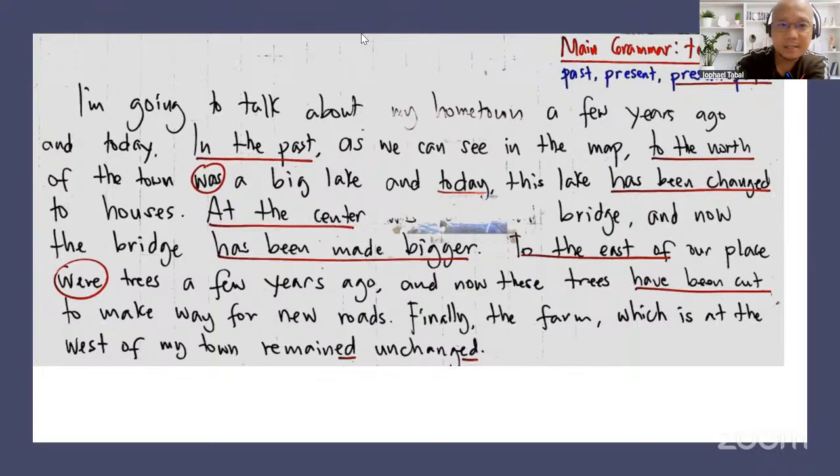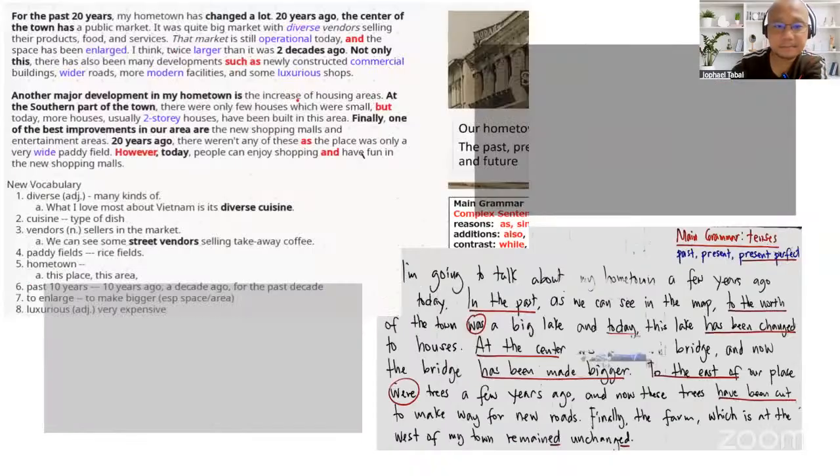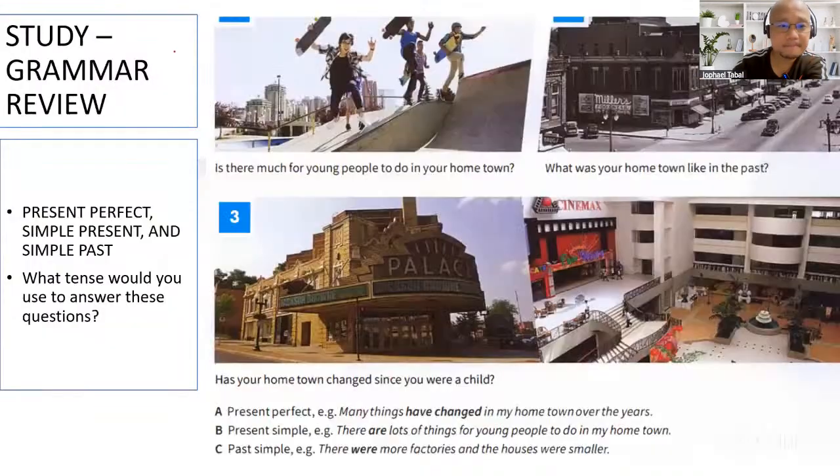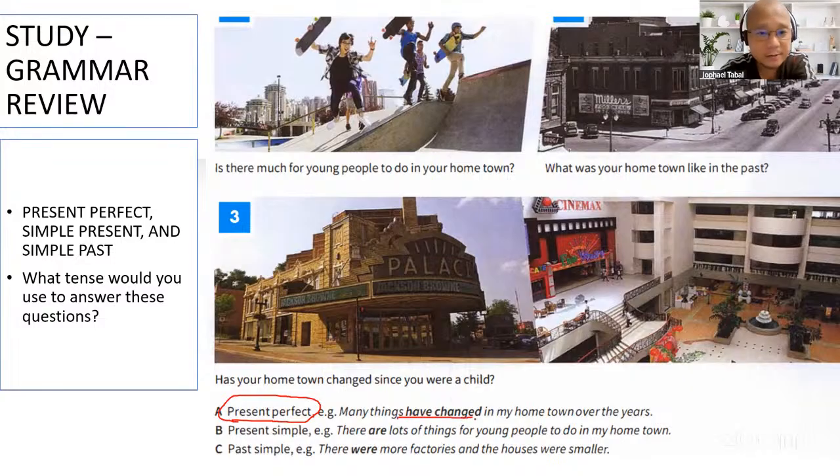So our next exercise here is grammar. Okay, so when we talk about changes, we have to use present perfect. For example, my hometown has changed a lot.